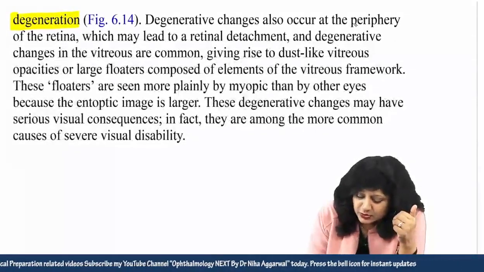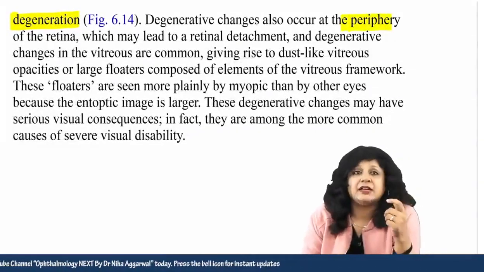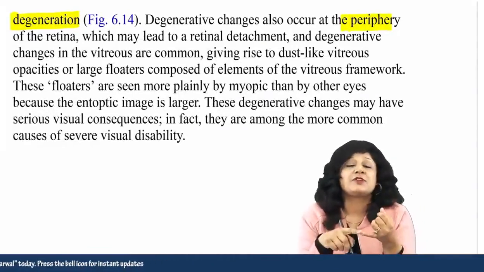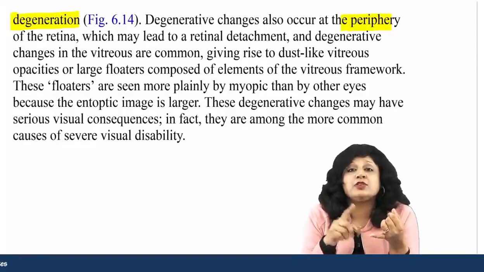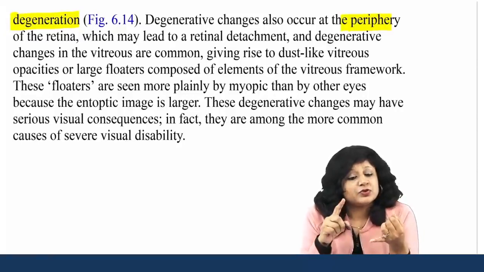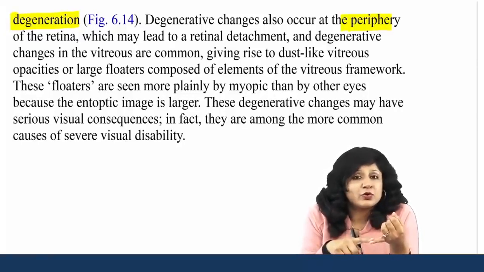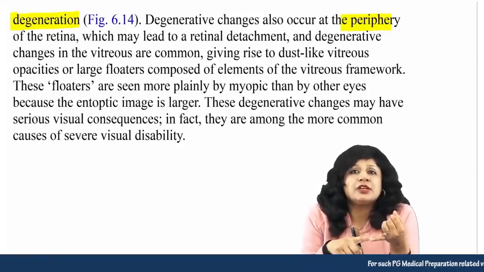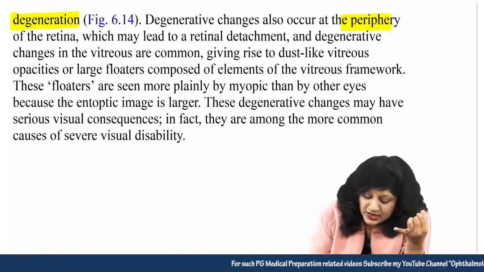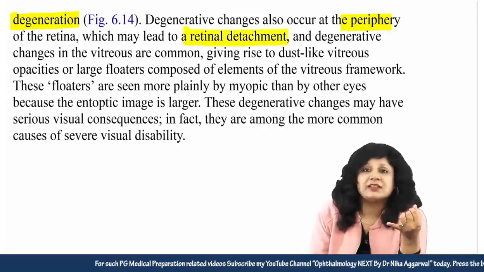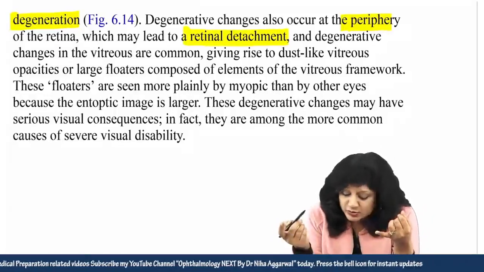Degenerative changes also occur at the periphery, and peripheral retinal degenerations are very important, and you should exclude them. You should always advise these patients to undergo indirect ophthalmoscopy, because these degenerations can lead to retinal detachment, and retinal holes can also be there.